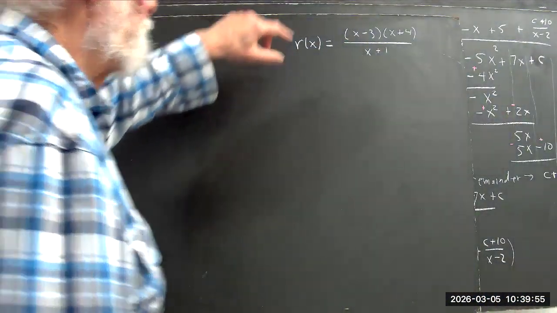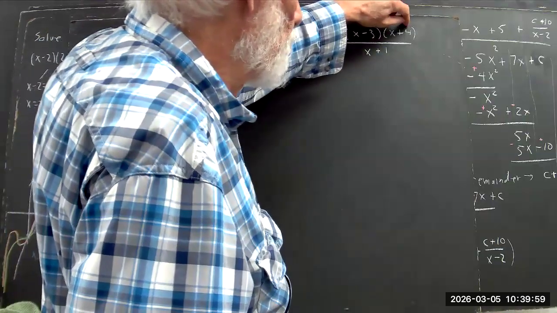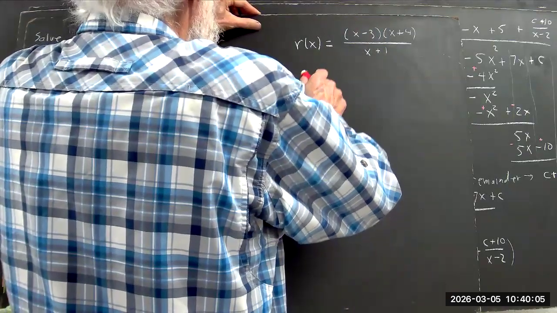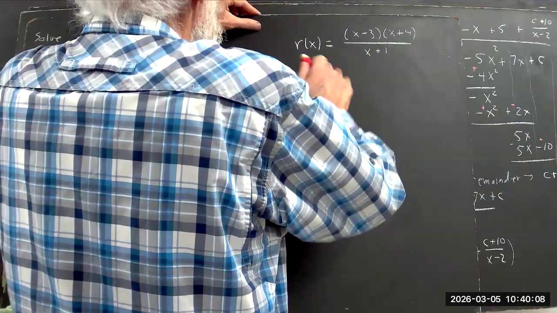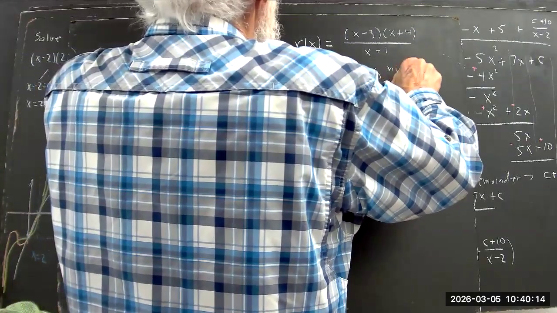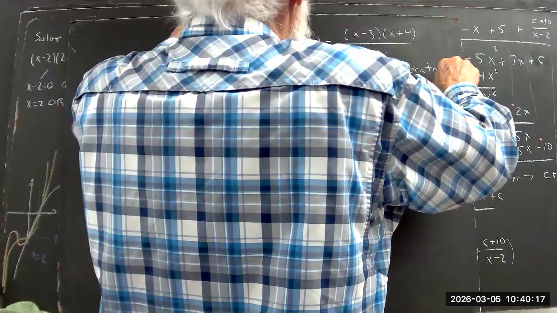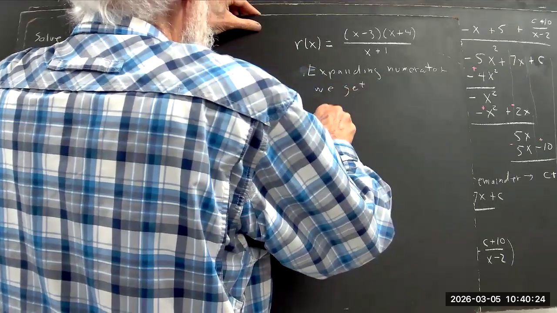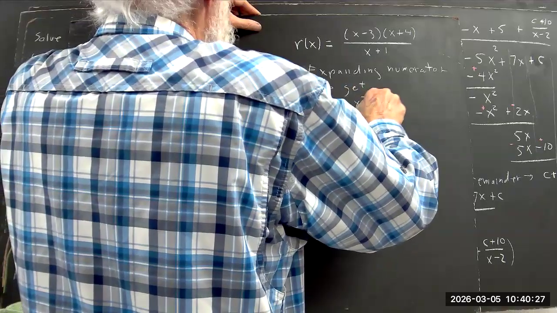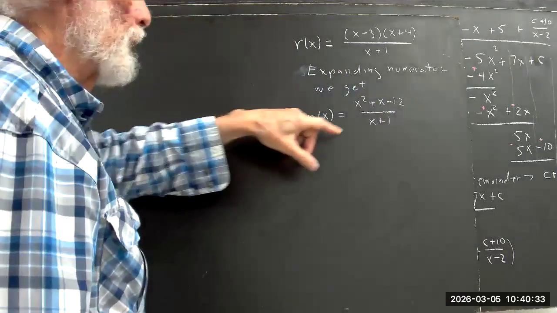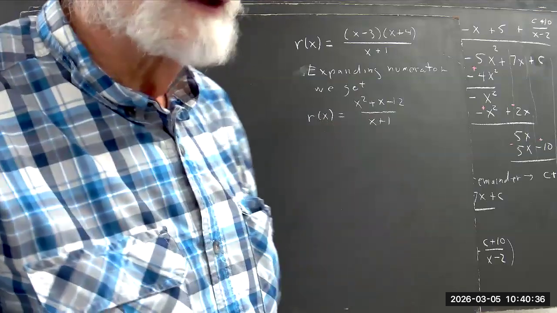Okay, now we're switching attention to rational functions. If we let r of x equal x minus 3 times x plus 4 over x plus 1, we can expand the numerator, we get r of x equals x squared plus x minus 12 over x plus 1.